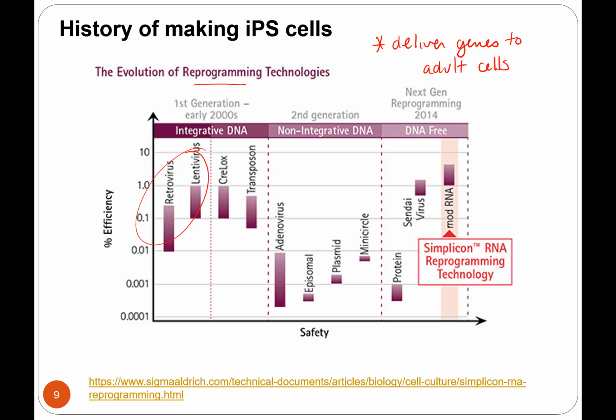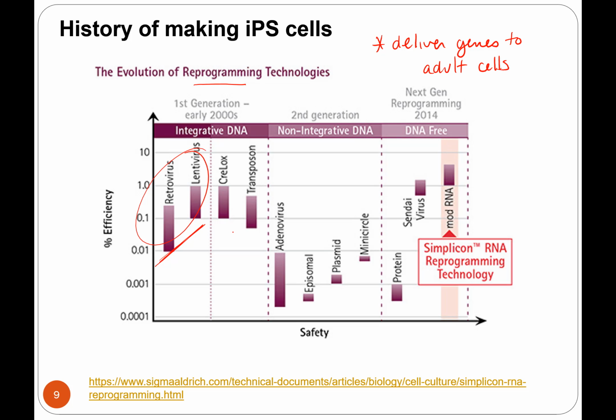The problem is, we also talked about this in gene therapy, you can't control where the DNA is integrated. That's another reason you can get cancer by making these induced pluripotent stem cells, because you might turn on an oncogene or turn off a tumor suppressor gene or mess something up in the cell cycle.